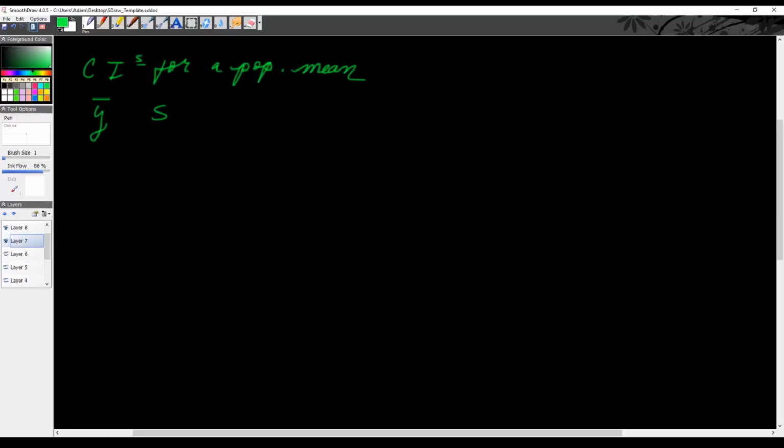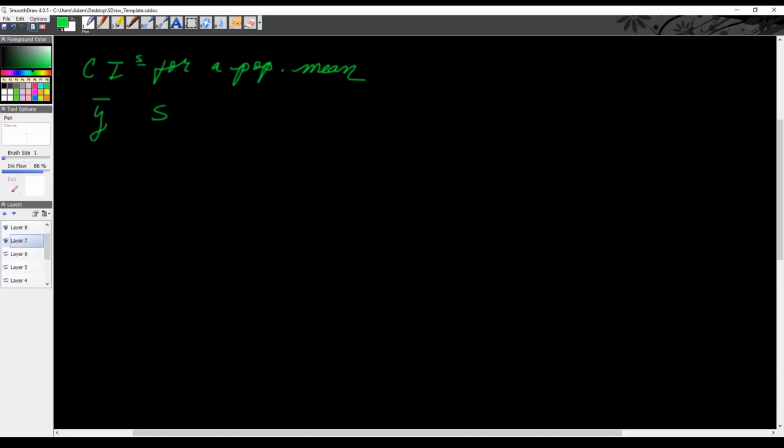That's just the sum from the first value to the last value divided by the number of values. That's the mean. And the standard deviation is the square root of the variance, which is the sum of the squared deviations, or the average of the sum of the squared deviations. We have to divide by n minus 1, so it's not an exact average. We have to take into consideration the fact that we lose a degree of freedom in solving for the mean before we solve for the standard deviation.